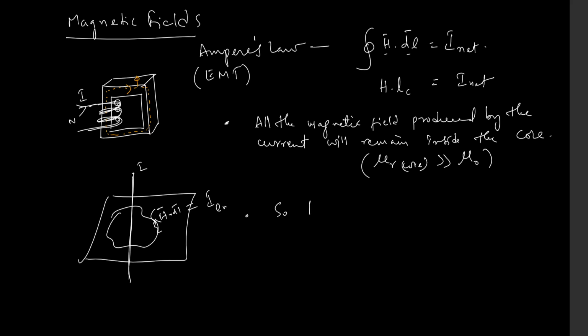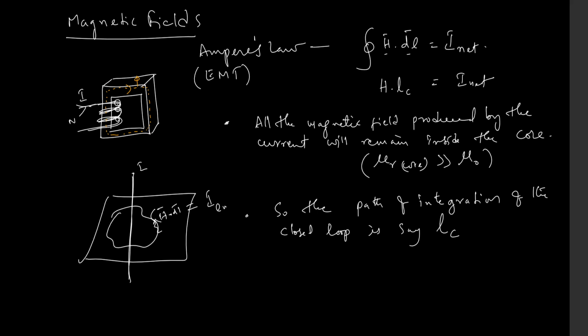So the path of integration of the closed loop is say the mean length of the core. The mean length of the core means this length, mean length of the core, LC, right?